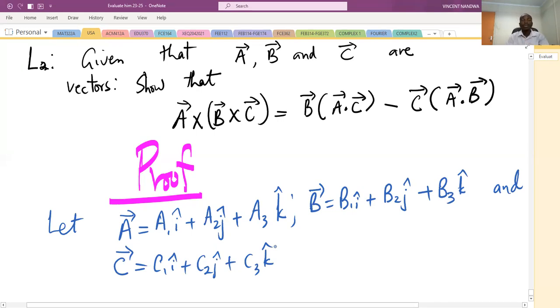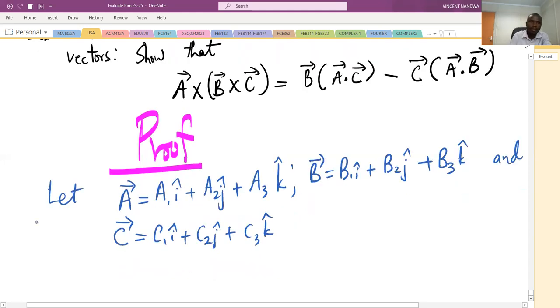So we want to simplify the left-hand side.